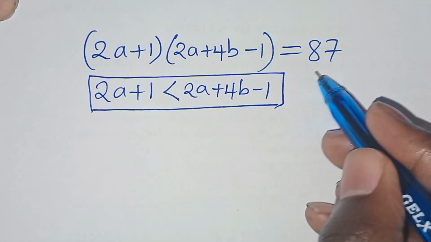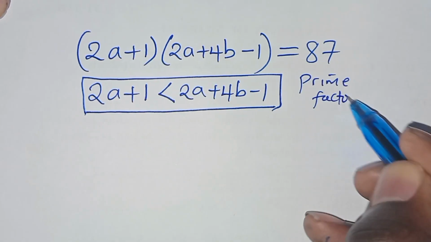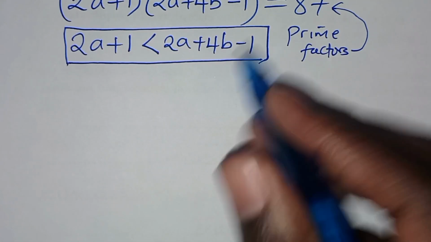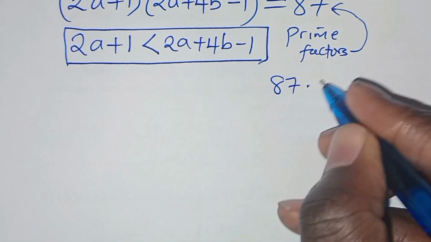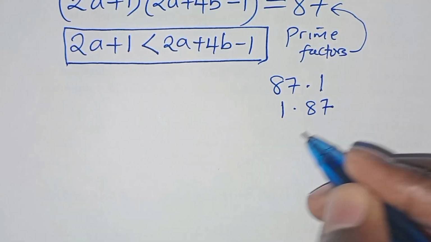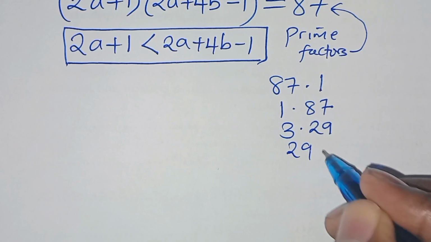So the next step is to get the factors of 87. The first one is 87 times 1. The second is 1 times 87. The third is 3 times 29. The fourth is 29 times 3.